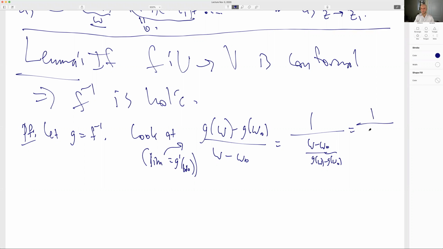W is the image of f. If W0 is f of Z0, I'm just keeping the same notation as before. Let W be a point in the image of f, and W0 the image of Z0. So I'm just putting these back in as they were. Over G of W will get me back to Z minus Z0.